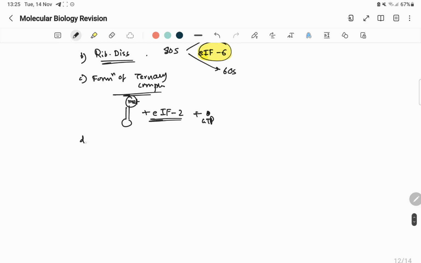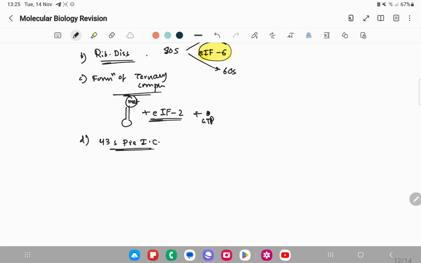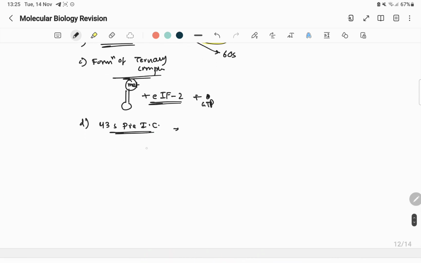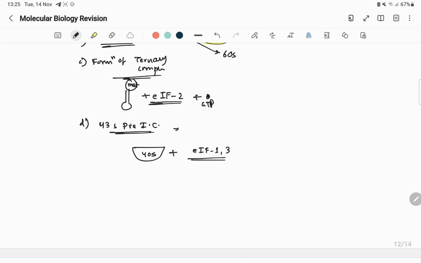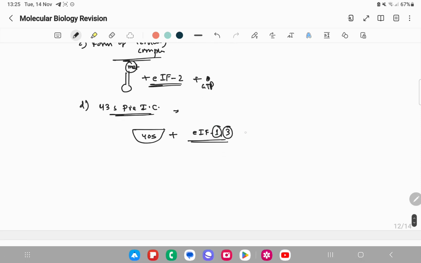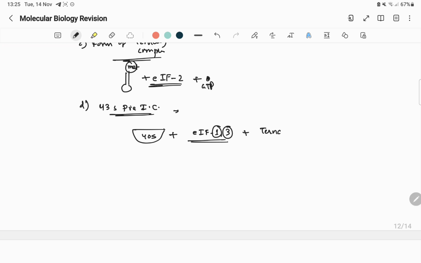After the ternary complex, there will be a formation of the 43S pre-initiation complex, in which there will be the 40S ribosomal subunit plus eukaryotic initiation factors 1 and 3, plus your ternary complex.